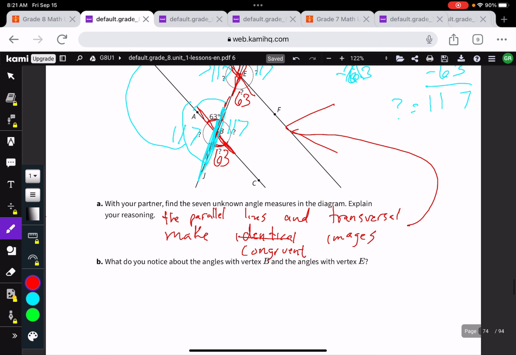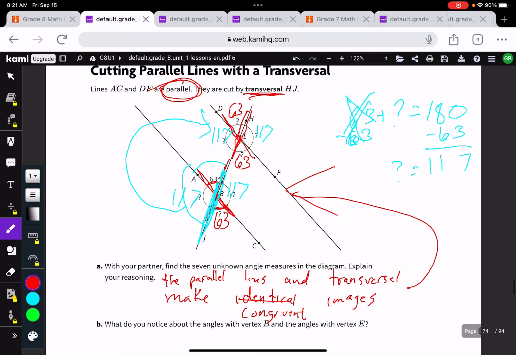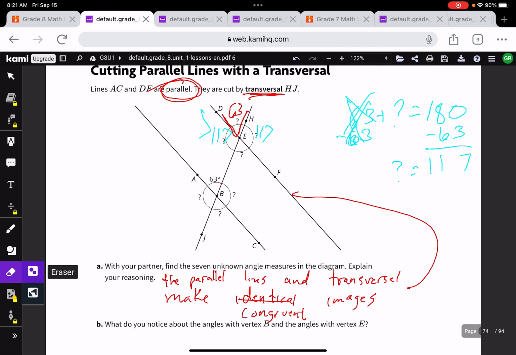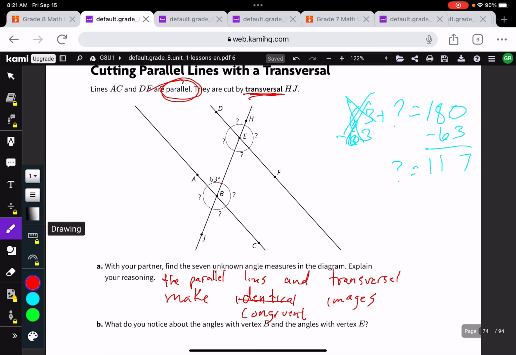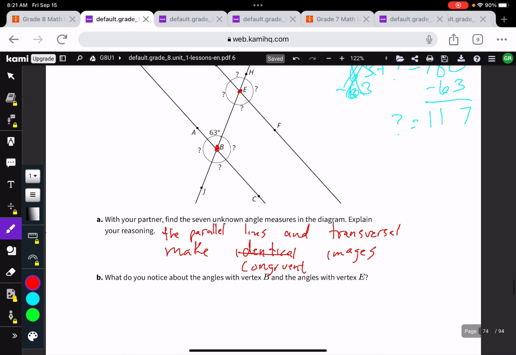And it says, what do you notice about the angles with vertex B and the angles with vertex E? I hate to erase all that, but you can rewind and go back to that. But let's take a look here so I can see this. What do you notice about angles with vertex B? Here's vertex B. And angles with vertex E. And that should be obvious.